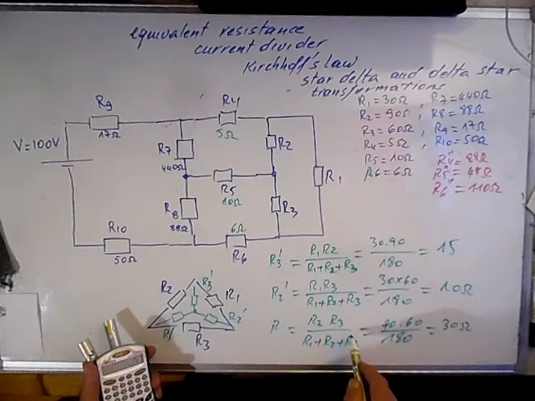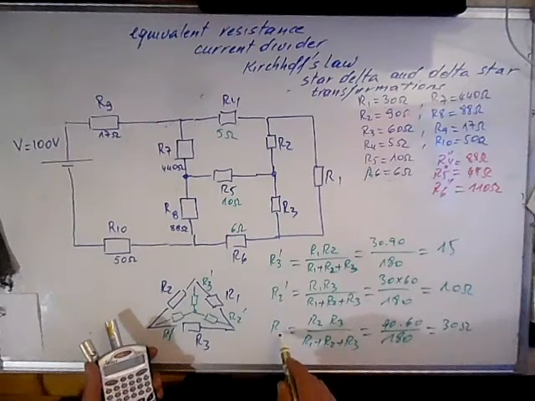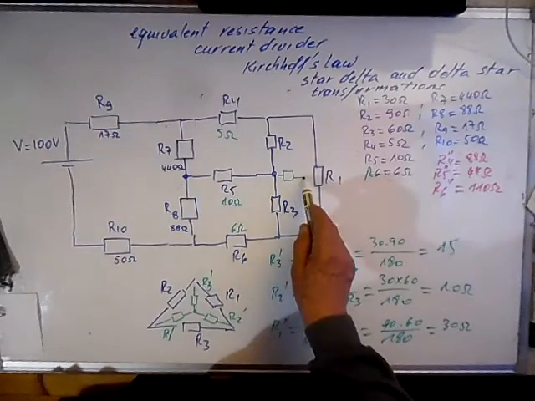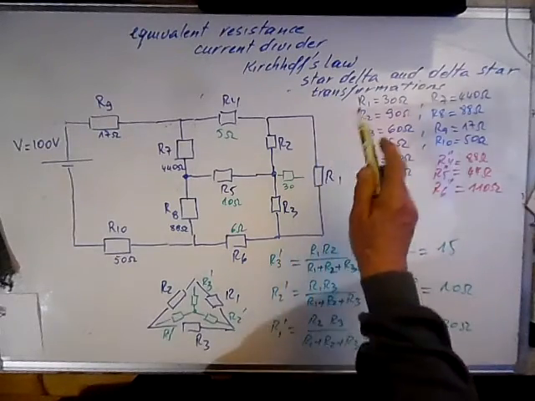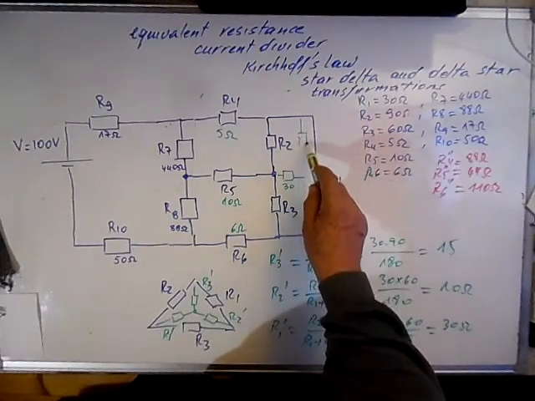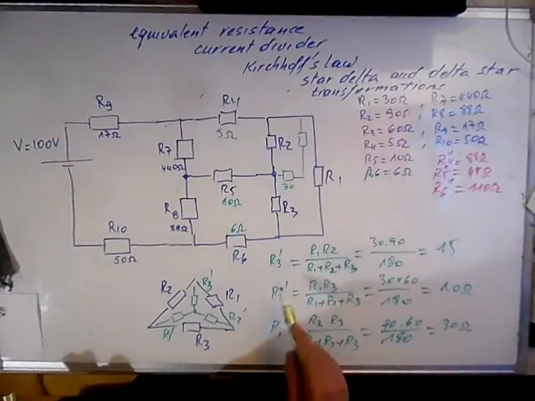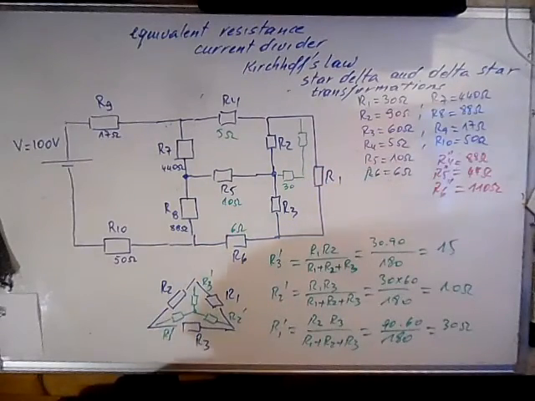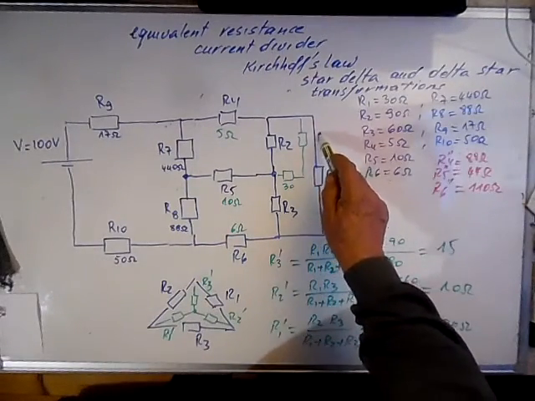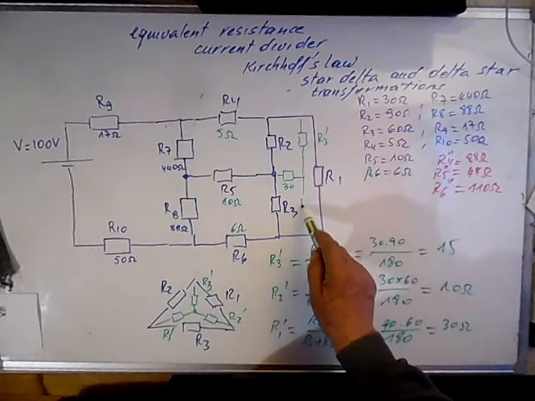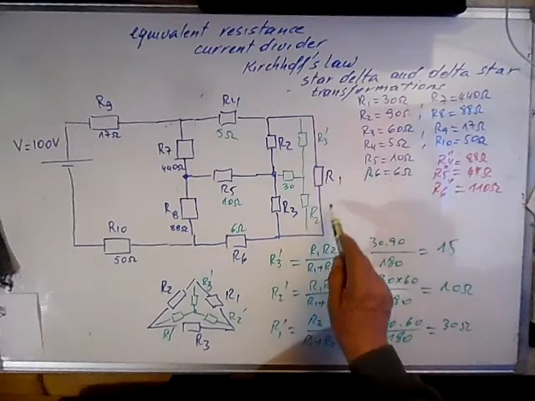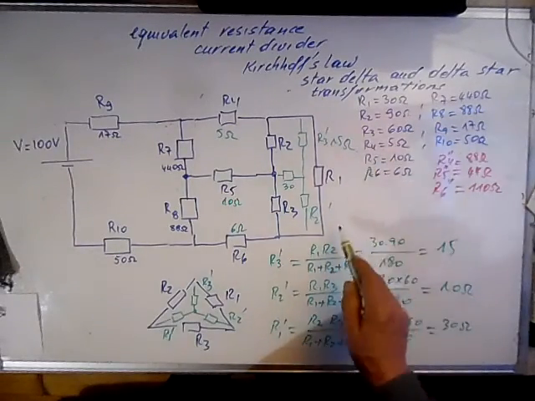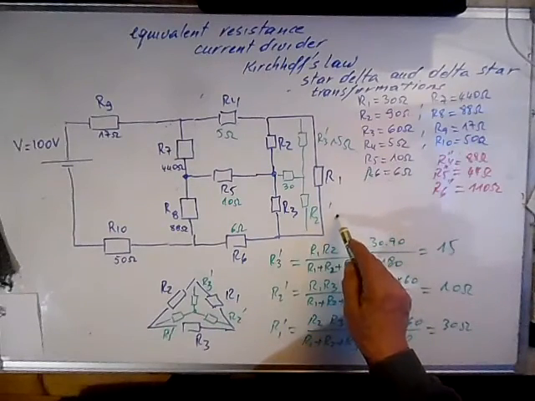So I'll draw it. This is R1 prime, 30 ohms, R3 prime and R2 prime: 30 ohm, 15 ohms, and R2 prime is 10 ohms.